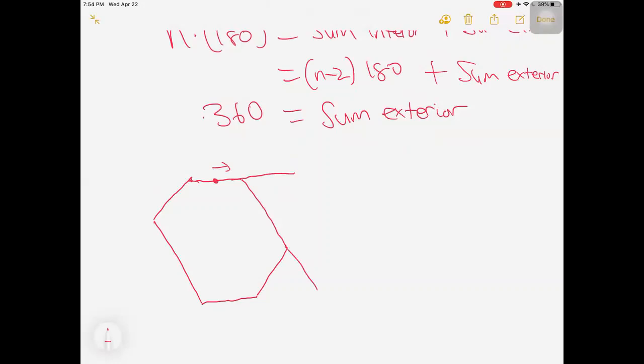The exterior angles right here are simply the angle of each turn that the ant makes. Once it makes a turn and goes here, it turns this many degrees.